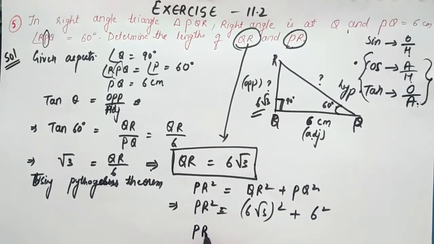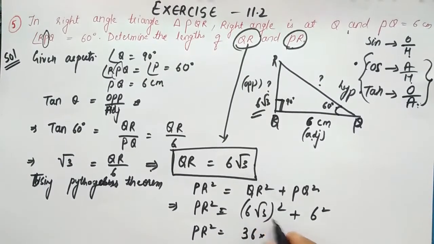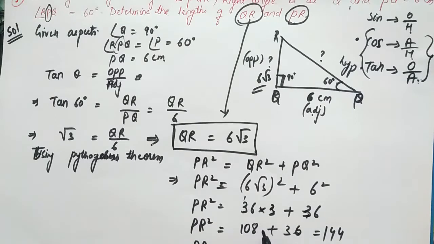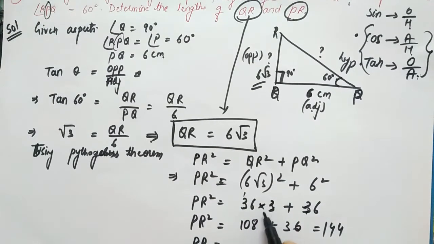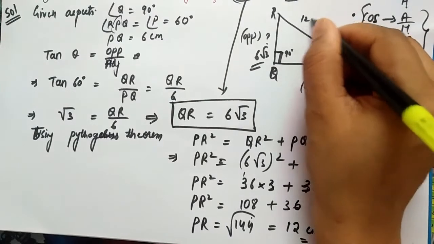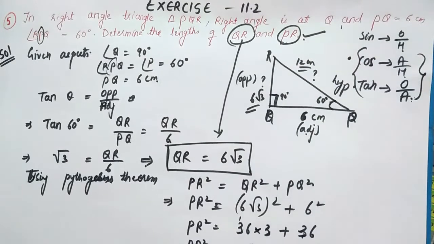So PR square is 6 into 6, 36, and root 3 into root 3 is 3. Simplifying the multiplication, 36 into 3 is 108, plus 36, which equals 144. PR is the root of 144, which equals 12 centimeters. So we got our hypotenuse value as 12 centimeters. What we needed to find was PR, so this is the answer.